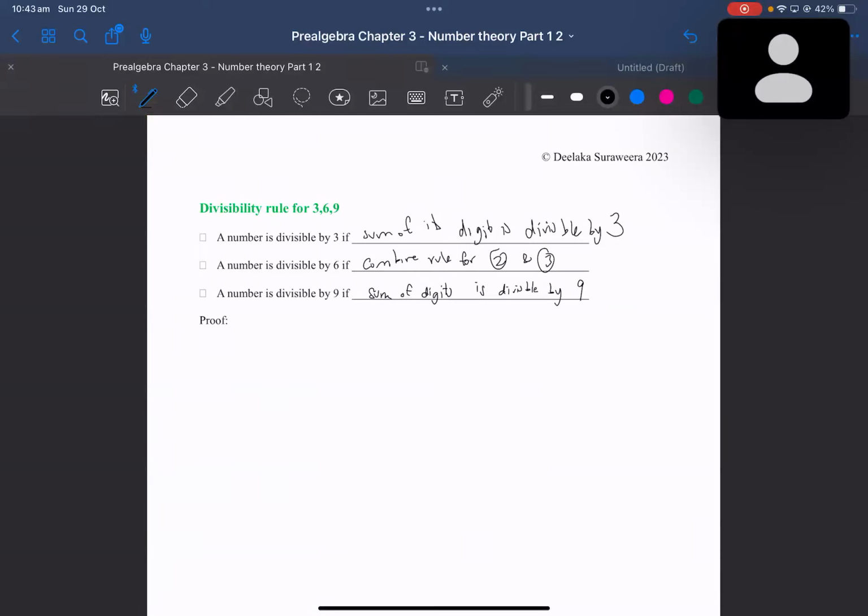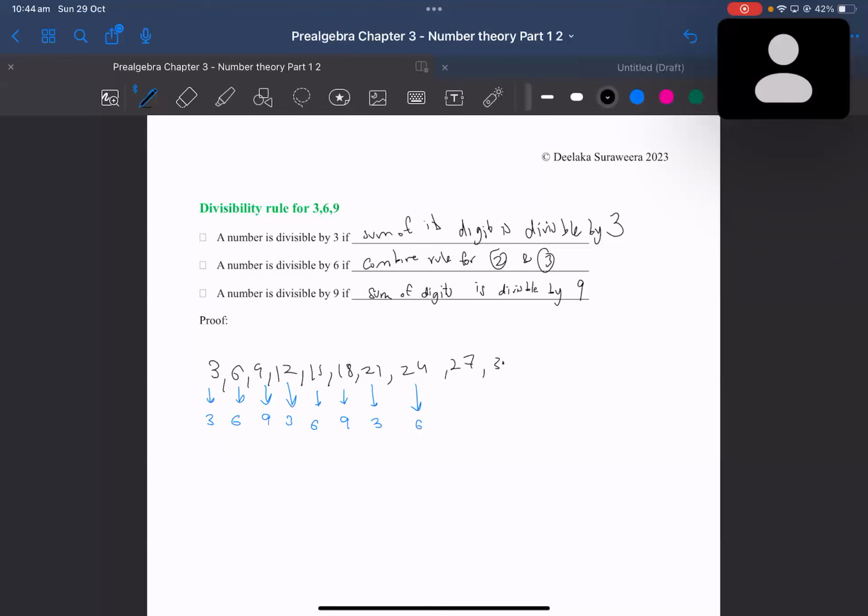Yeah, so the proof for these are actually really tricky. But here's something if you recognize. Look at all the multiples of 3: 3, 6, 9, 12, 15, 18, 21. If you look at their digit sums, this is 3, this is 6, this is 9. 1 plus 2 is 3. 1 plus 5 is 6. 1 plus 8 is 9. It's a repeating pattern.